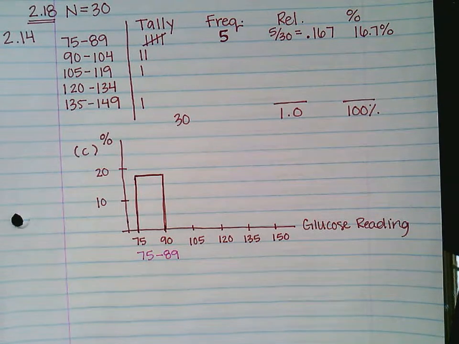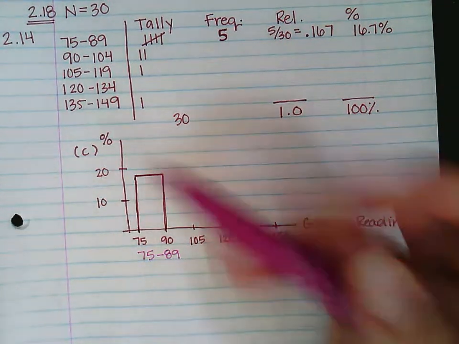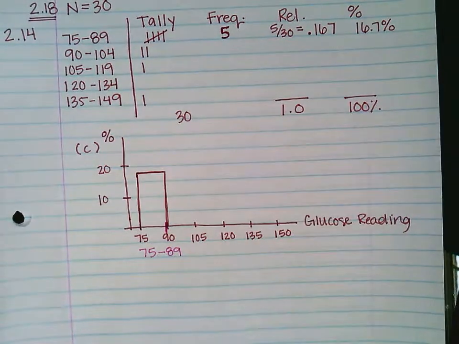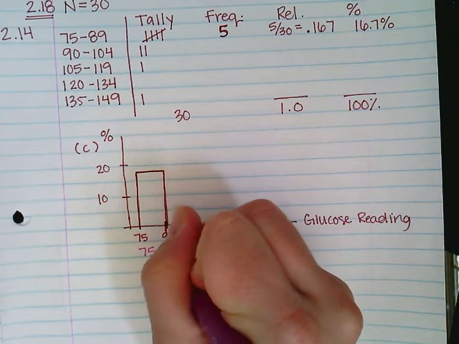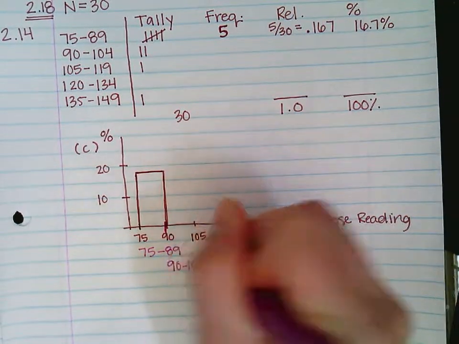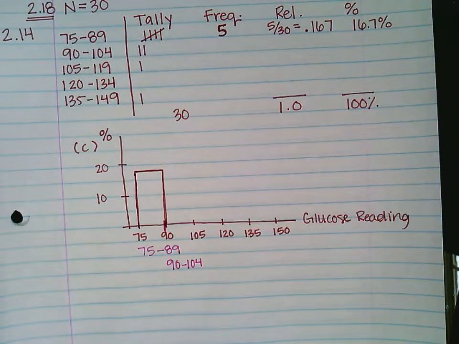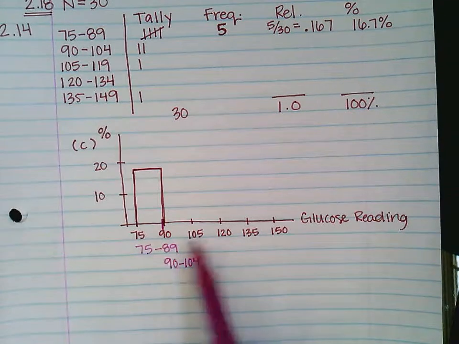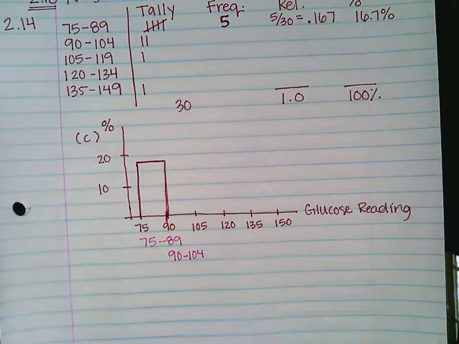So it's all the way up from 75 to 89.9999999, which I think we're only talking about integers here, but it goes all the way up to just 90. And then 90 to 104 is this next bin right here. But again, because it's a quantitative variable, you want that number line across to be fluid, just like a normal number line.